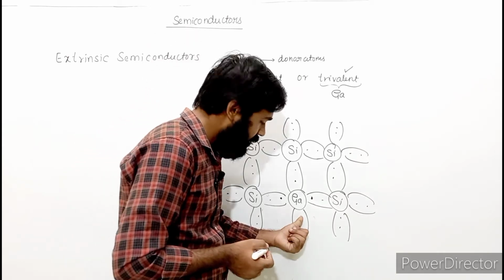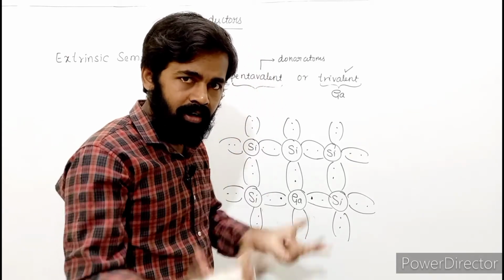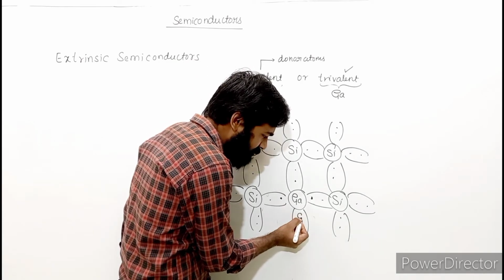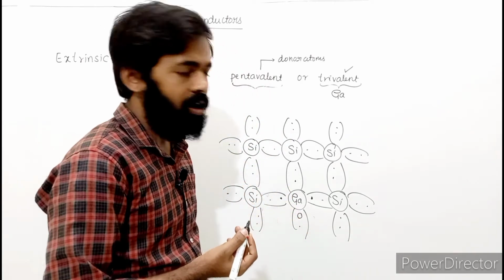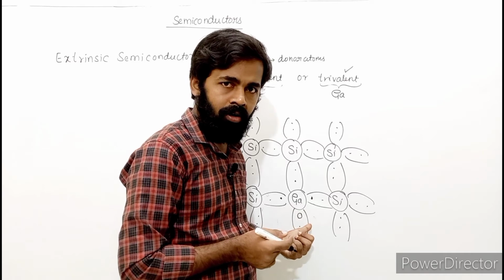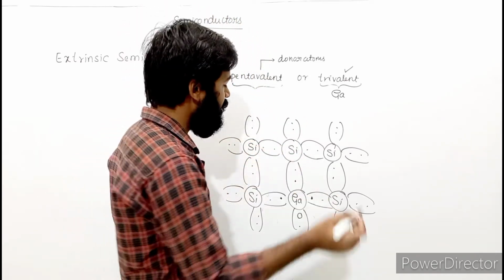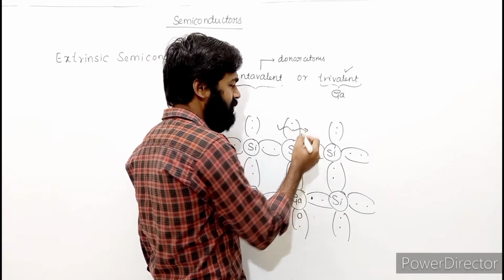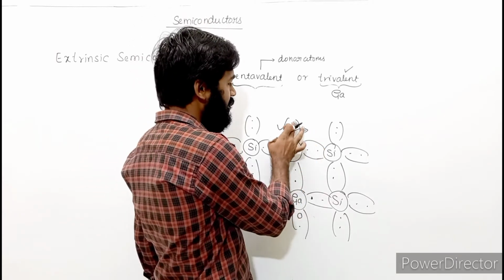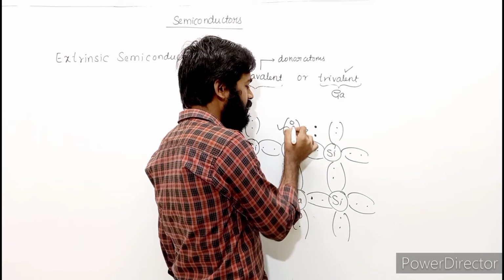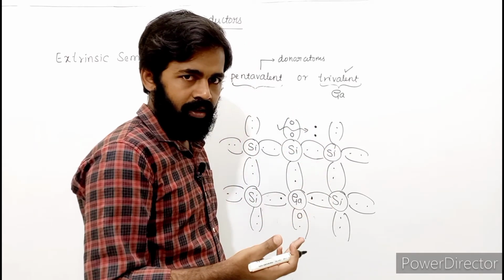Now here there is no electron to share, so there is a vacancy, or a hole, created by adding gallium. Now because of thermal breakage, if some bonds break, these free electrons come out, and the holes are created here.